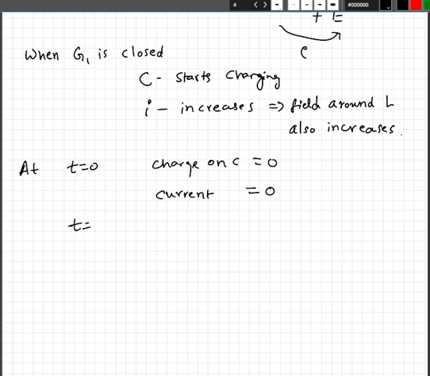At t greater than 0, that is what we are going to calculate. So that is our task. We have to derive.